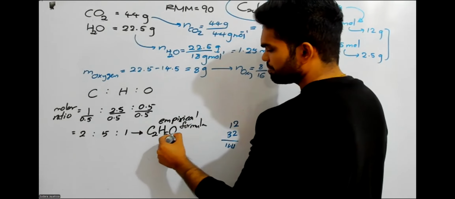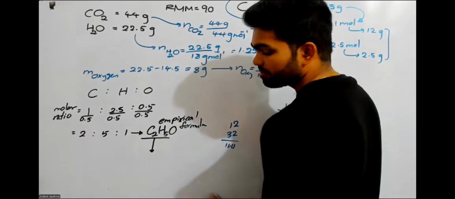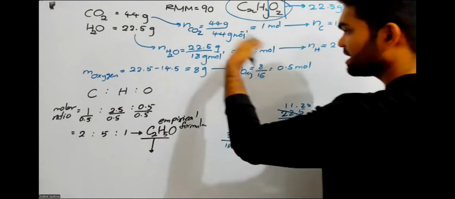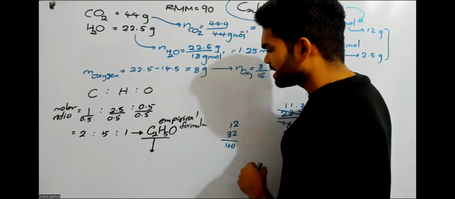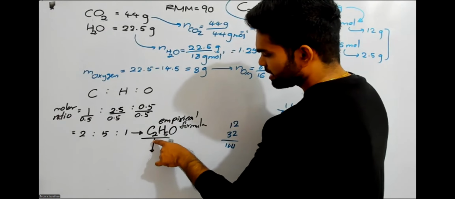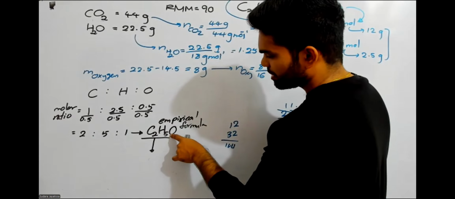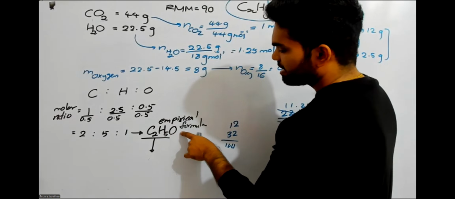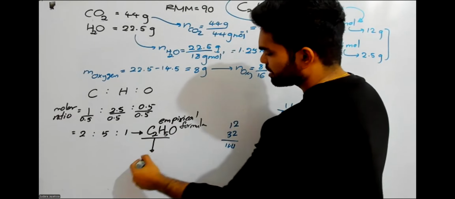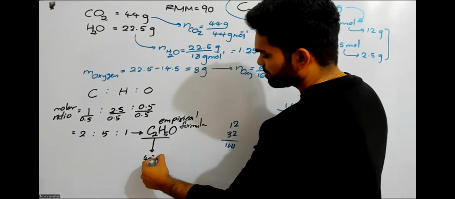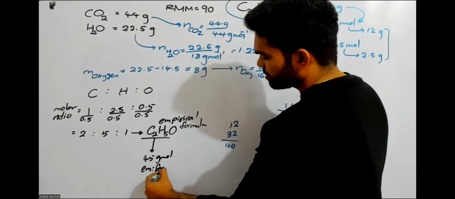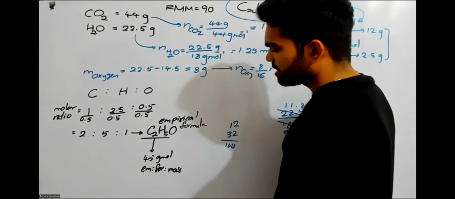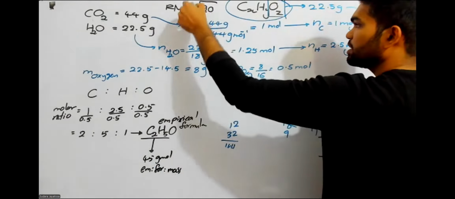Okay, so then find the empirical formula mass. So it's a long method, right? You can see how it goes. Still I'm doing the question. There is a small shortcut too, I'll show you that later. Anyway, it is 24 plus 5, 29, and 29 plus 16, 45. 45 grams per mole. This is the empirical formula mass. Then they have given the relative molecular mass.